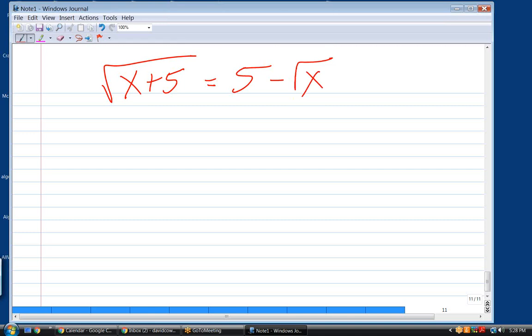In other words, when you have an equation that has two radicals in it and a number, we had an equation that had two radicals in it before, but there was no number. So I could put each on one side of the equation, square both sides, and get rid of the radicals all in one step. What happens if I square both sides here?